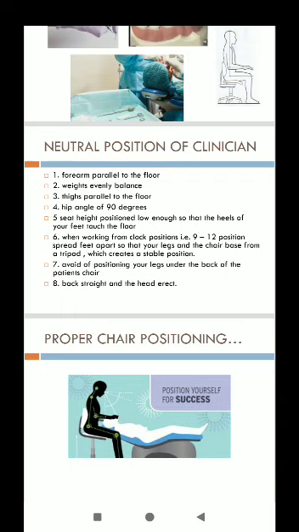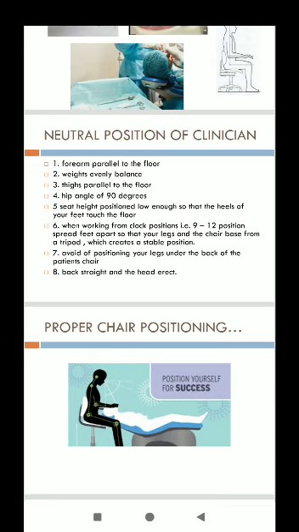Spread feet apart so that your legs and the chair base form a tripod, which creates a stable position. Avoid positioning your legs under the back of the patient's chair. Back is straight and head is erect.